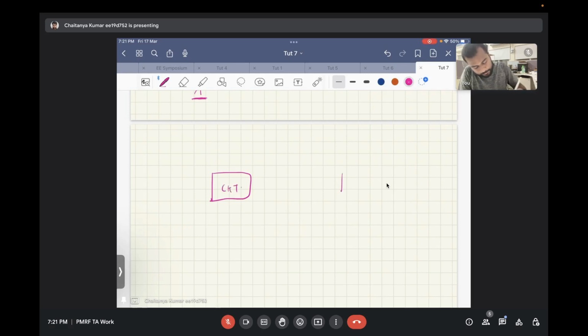This is circuit 1. This is circuit 2. The noise power here is, let's say, 2 microwatt. The noise power here is, let's say, 8 microwatts. So if you just look at the output noise power of these two circuits, what will you say? Which circuit is better?